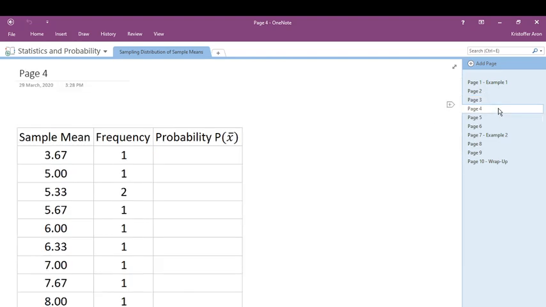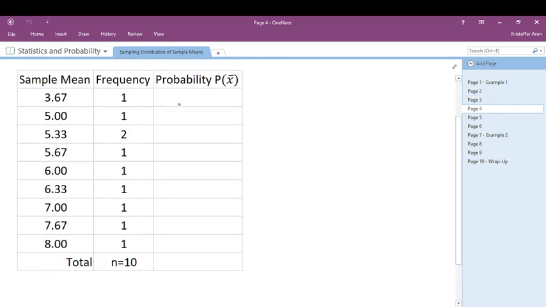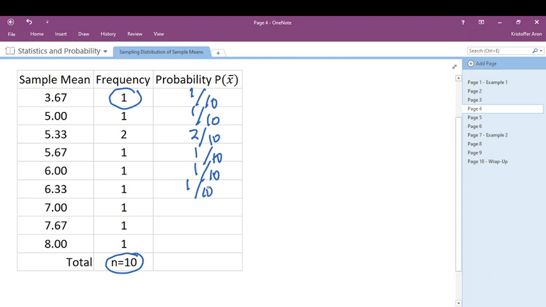Now, after taking the frequency, we should write the corresponding probabilities. The probability value P of X bar, or the sample probability, is the frequency divided by N. So that's 1 over 10 for all except this third one, which is 2 over 10. And the total should be 10 over 10, or equal to 1.